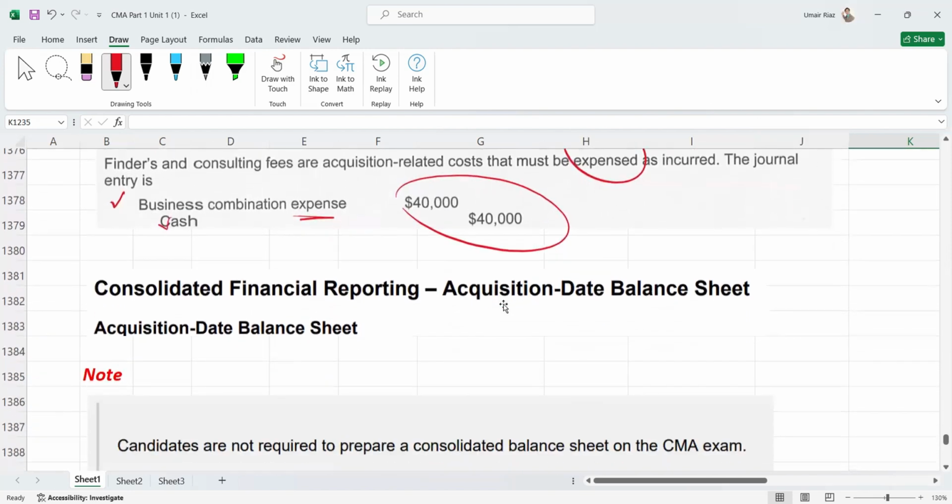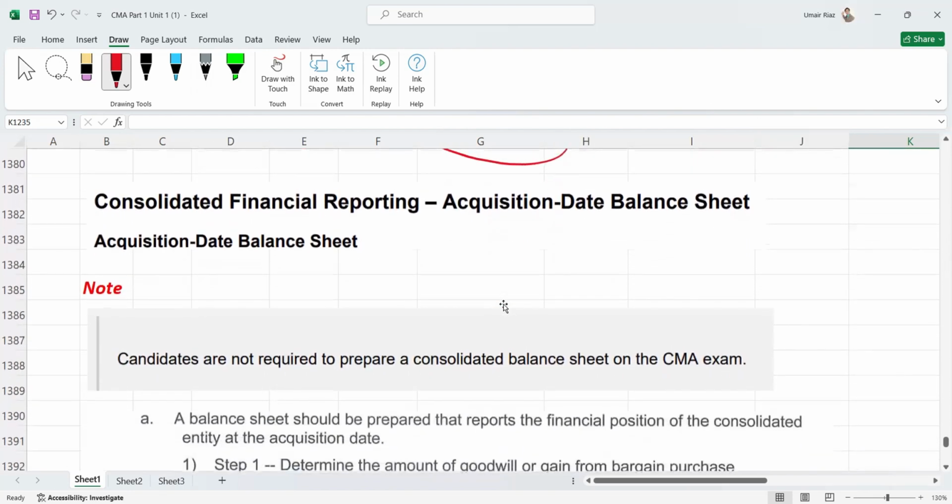Now here is a very important note, please. Being a candidate of CMA, you are not required to prepare a consolidated balance sheet on your CMA exam. You are not even required to prepare a consolidated income statement.